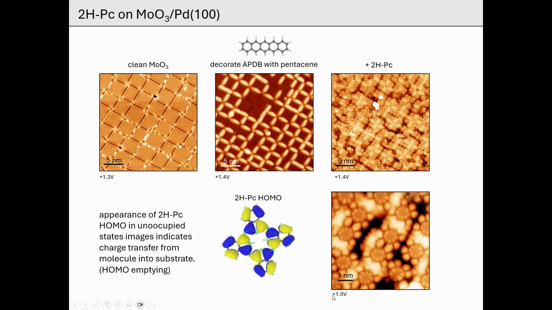And here we already have an indication that we have single integer charge transfer, because what we see here at positive bias, empty states, is a molecular orbital appearance that corresponds to the HOMO of the gas phase. So if the HOMO is above the Fermi level, it means it has lost an electron.